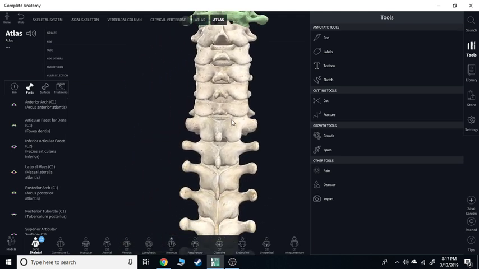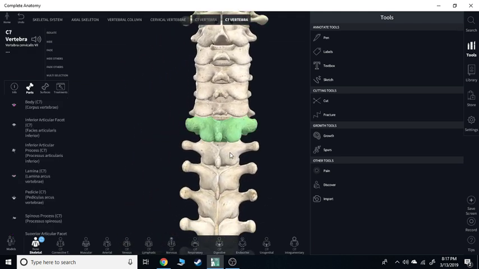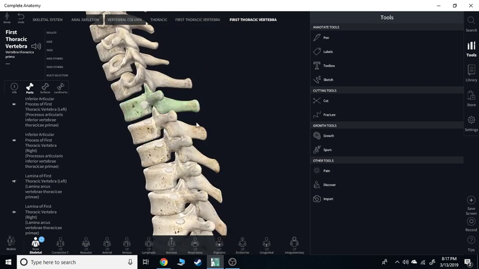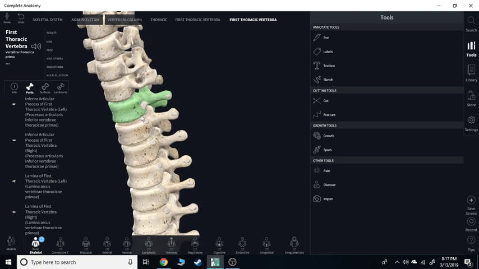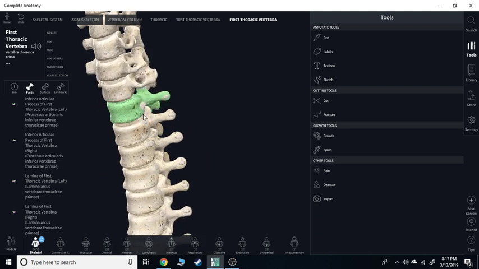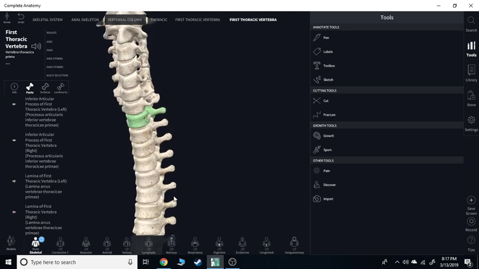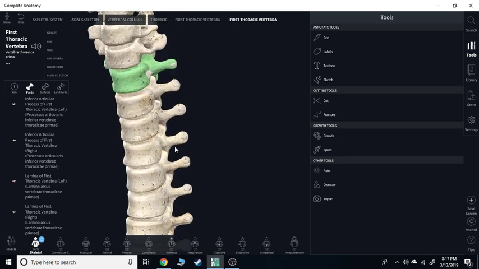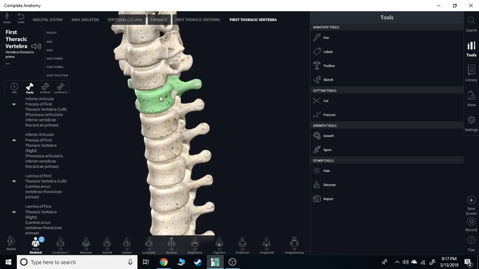Okay. Inferior to the cervical vertebrae, we have the thoracic vertebrae. The thoracic vertebrae are different in the fact that you see this little articular cartilage here. That's where the ribs articulate with the spinal column, or with their specific vertebrae.